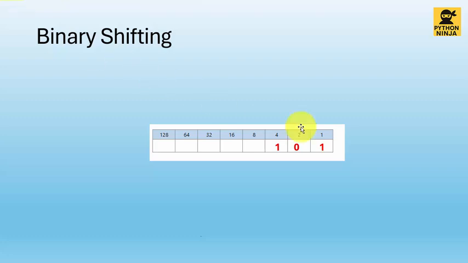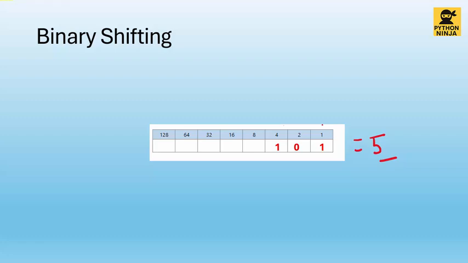Now we know that 101 as a binary number, the denary equivalent for that is 5. So 4 plus 1 is 5. Now if we wanted to multiply this binary number, we shift left.